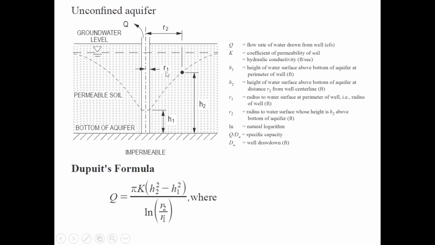In the FE reference manual, they're saying 1 could be at the well casing itself. It doesn't have to be, but it can be. And so this will tell us the flow rate that is coming out of this unconfined aquifer if we're able to know the height of the water surface at 2 locations.